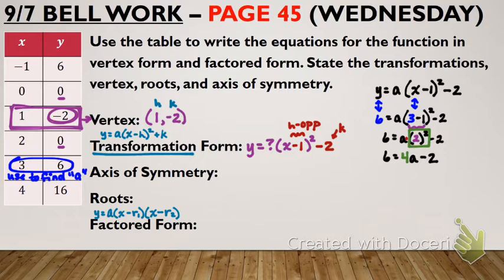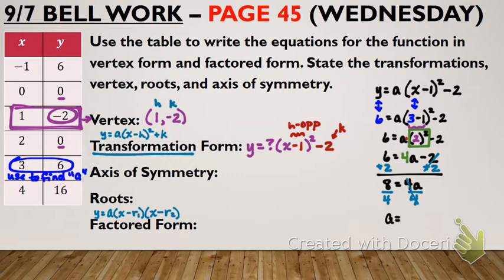Very close. I got to do something else first, but then I will. It's got a minus 2 right here. I want it to cancel. Yes, we're going to add 2 on either side. So I have 8 equals 4a, and now we're going to divide to get the a all alone. So what is our a value then?